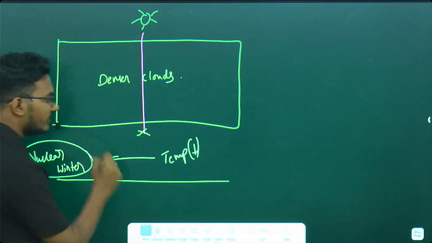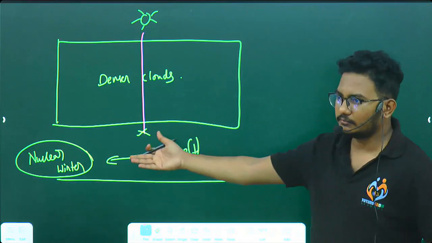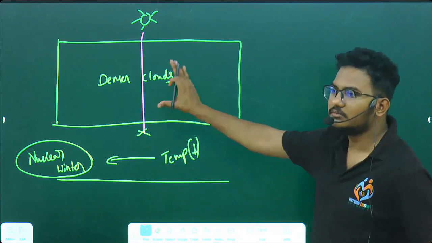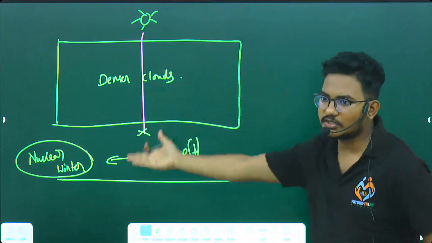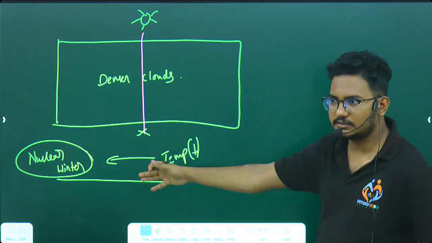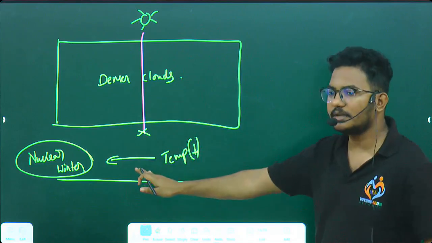What is nuclear winter? After the effect of the atom bomb, once the temperature comes down, dense clouds will be created. Because of the dense clouds, sunlight will not reach the earth's surface. When the sunlight doesn't reach the earth's surface, the temperatures will come down, and winter-like situations will be created over there.